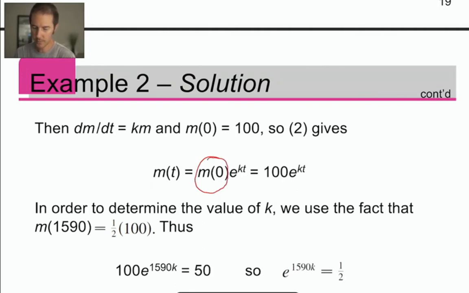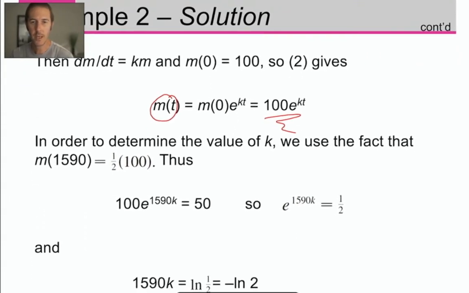And we know, because the problem gave it to us, that that value is going to be 100. So now we've got the beginnings of a function. M of t no longer just equals m sub 0 times e to the kt. Now it equals 100 times e to the kt. Problem is, we don't have a k value yet.